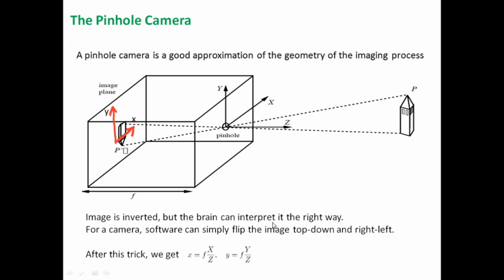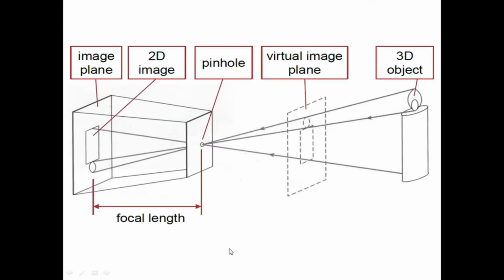The brain can interpret it in the right way. But for a camera, the software or the processor present inside the camera is responsible for getting the actual object visualization onto the image plane. So for a camera, the software can simply flip the image top to down as well as right to left. There is a trick. I will explain this trick in a later slide.